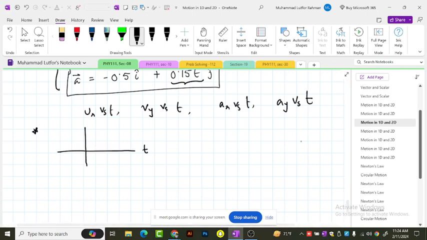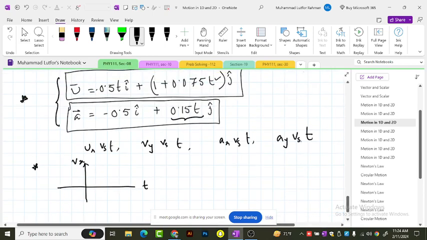This is my t, this is my Vx. What should this curve look like? What should this Vx versus t be?